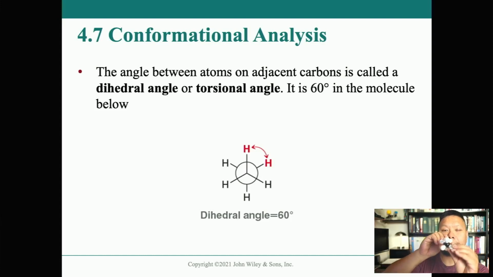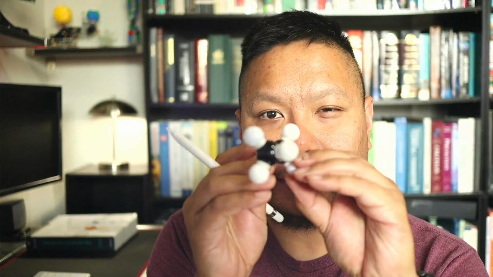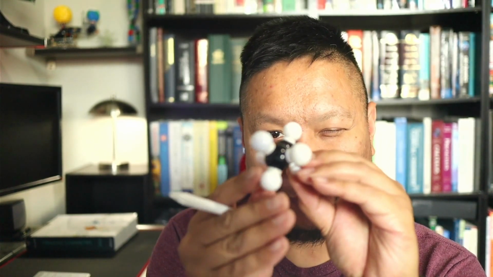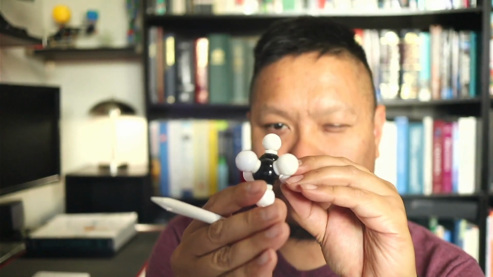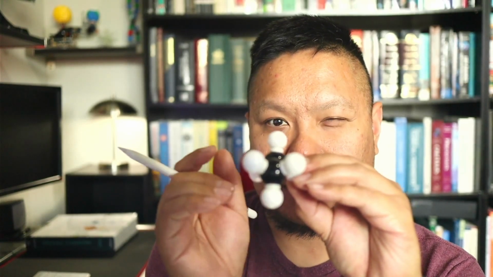This angle right here. I'm actually going to make myself larger so you can see what I'm talking about. Okay, so here's the staggered hydrogens. And I'm going to hold it down here so I can see it better. There we go. The staggered hydrogens, right? And so the dihedral angle or the torsional angle is when you have them staggered like that, where you can see both the front hydrogens and the back hydrogens.